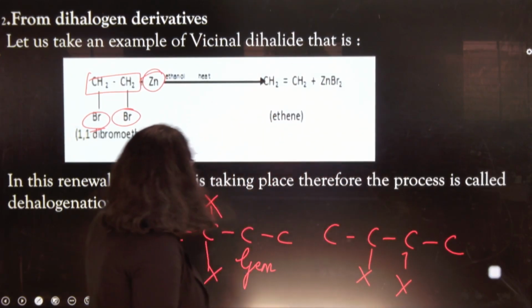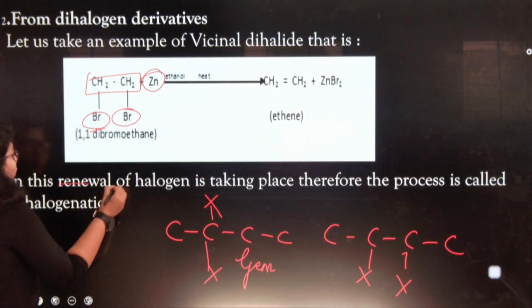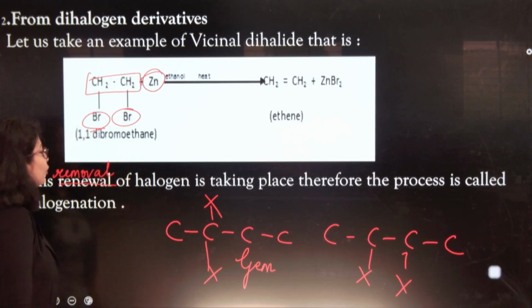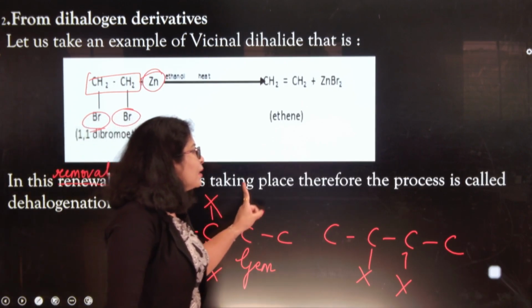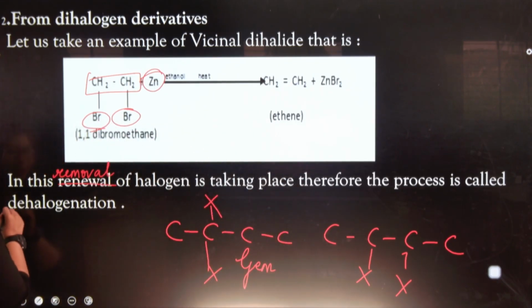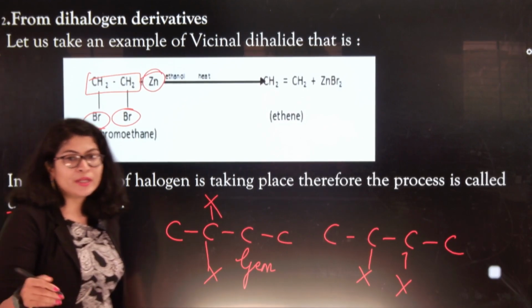In this, removal of halogen is taking place, therefore the process is called dehalogenation. De means removal, the halogen group is getting removed, that's why dehalogenation. Okay.